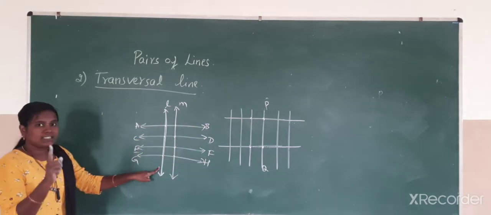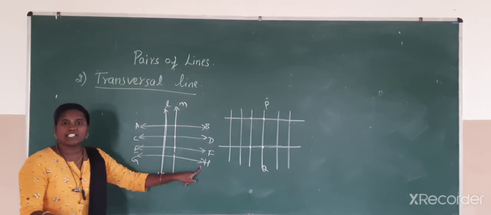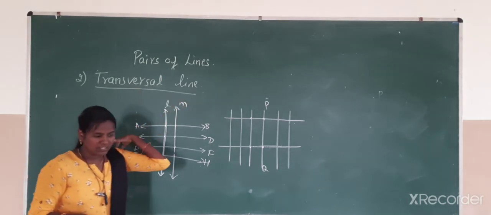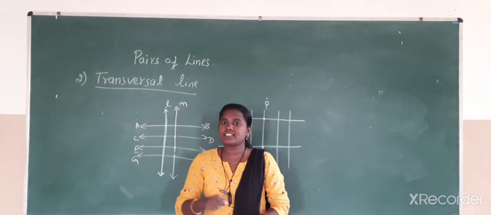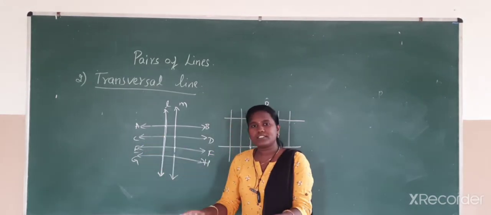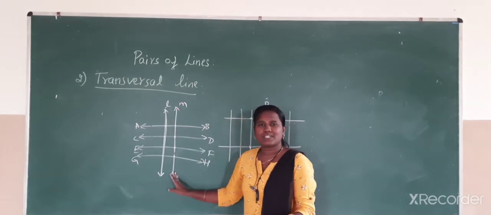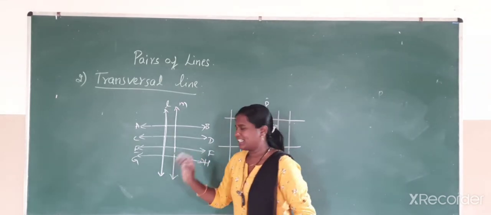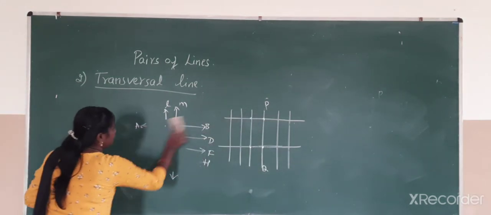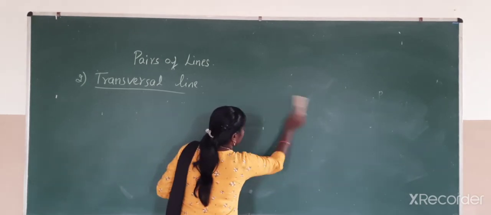So L is a transversal for A, B, C, D, E, F, G, H. Or you can take only A, B and C, D also. In the definition, we have mentioned that it is intersecting 2 or more lines. L is a transversal and also M is a transversal. Getting?